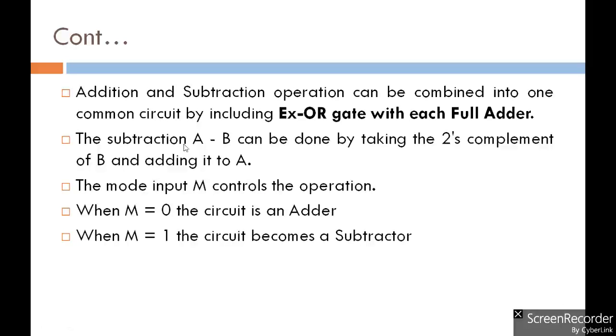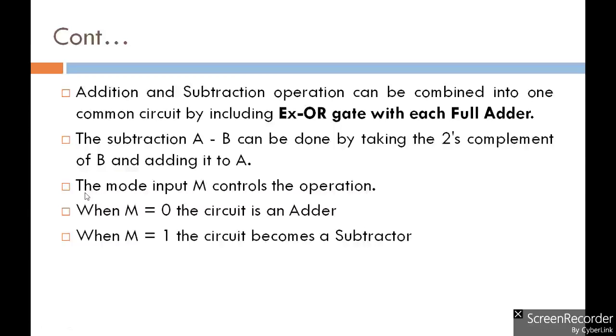The subtraction of two numbers, A minus B, can be implemented by simply taking the 2's complement of operand B and then adding it to operand A. That means we first take the 2's complement of the second operand, that is B, and whatever output we get is then added to the first number A. And this is how we can implement subtraction of two binary numbers using an adder circuit.